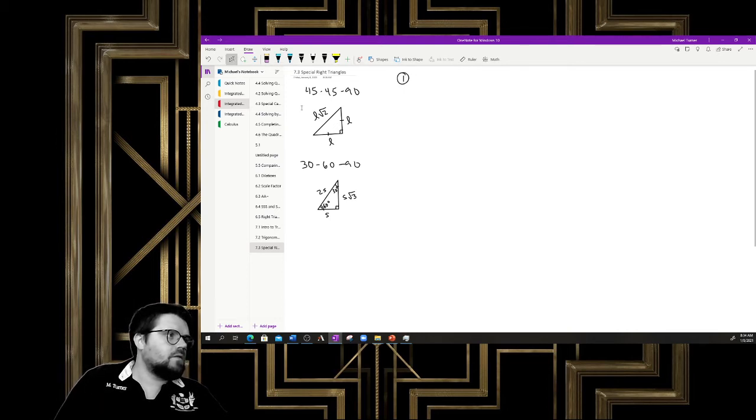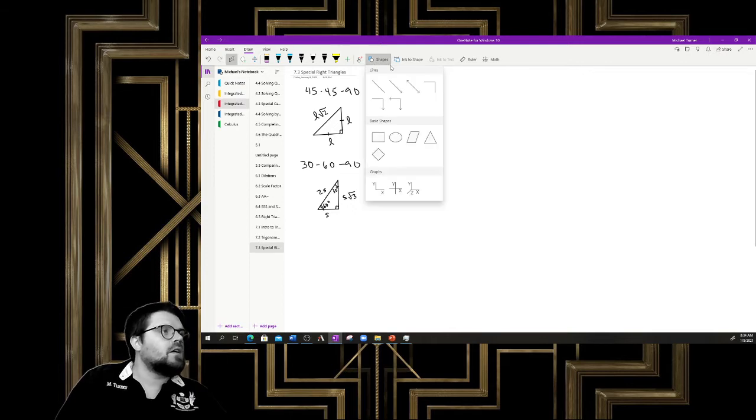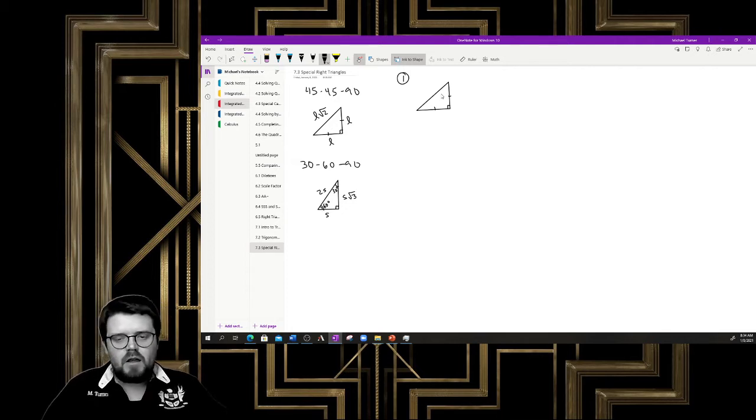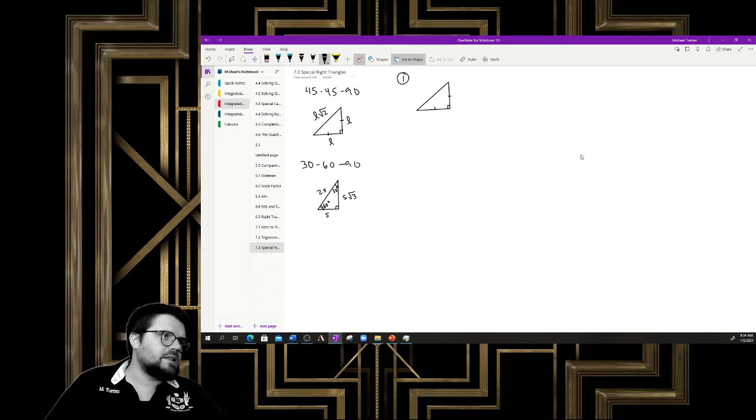So let's say I was given, and remember in geometry you're always going by the given information and the symbols, not that it's drawn to scale, especially if we're doing it on the computer here or by hand, but assuming that's a 45-45-90 triangle, let's say I gave you one side as being 5 centimeters.